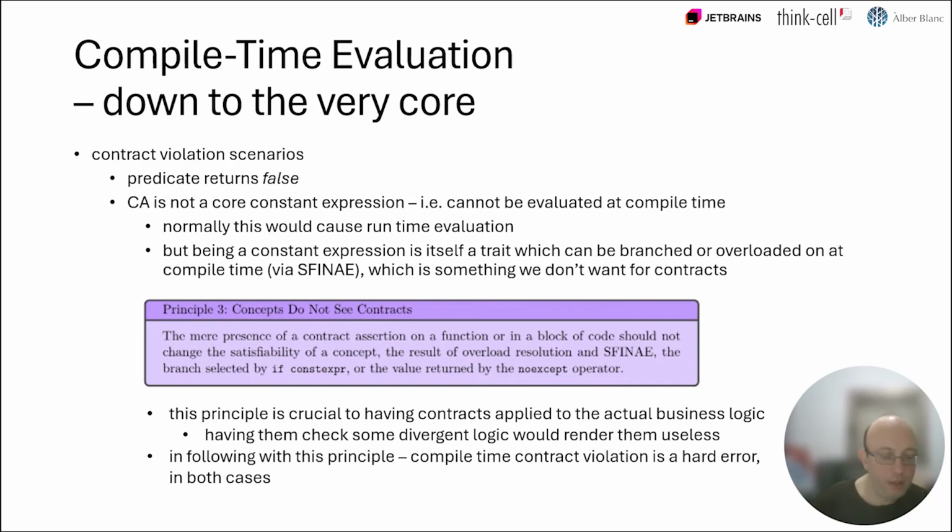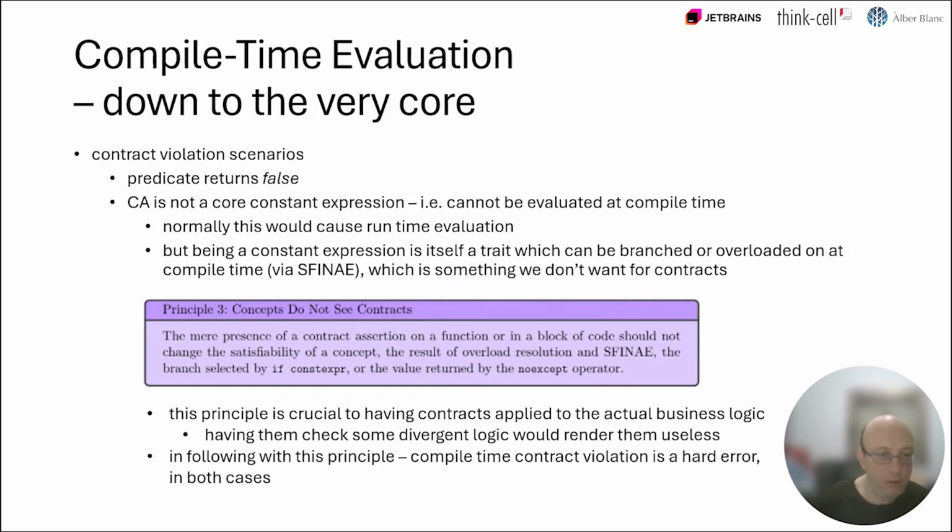We could have said that, okay, we are going to do this evaluation at runtime, but then the entire function is made a runtime function. And as it turns out, this is something that can be detected via Sphene. And then our entire business logic diverges, and then our contracts are not really checking the business logic.